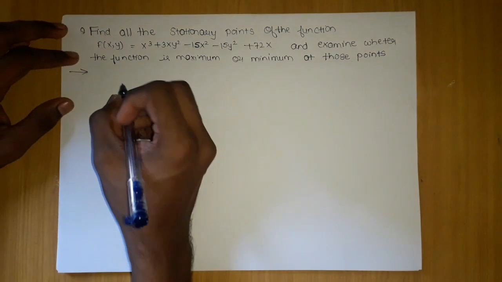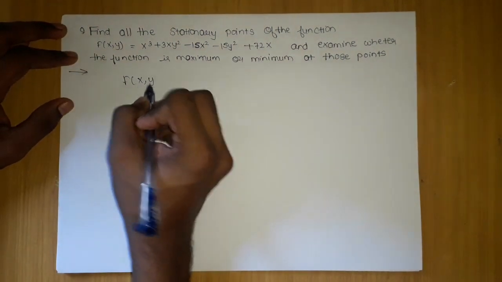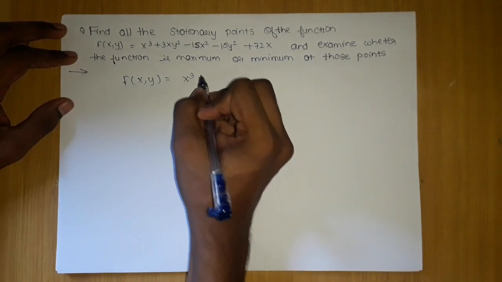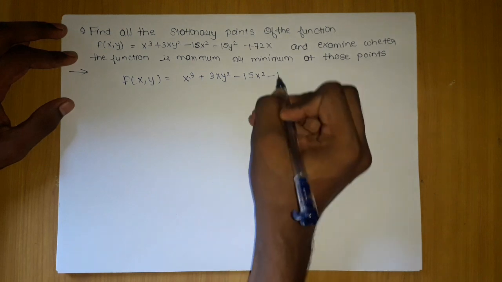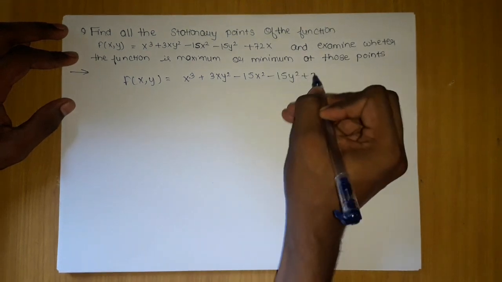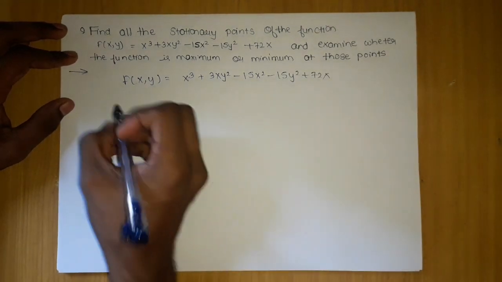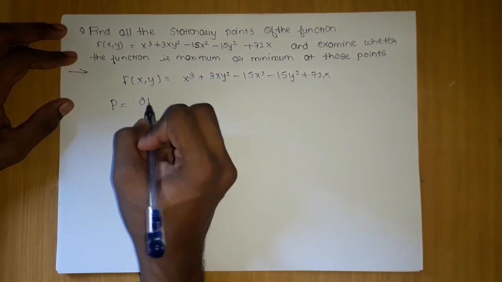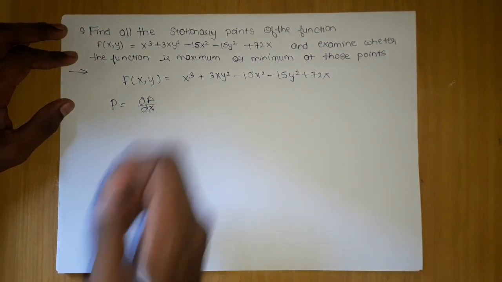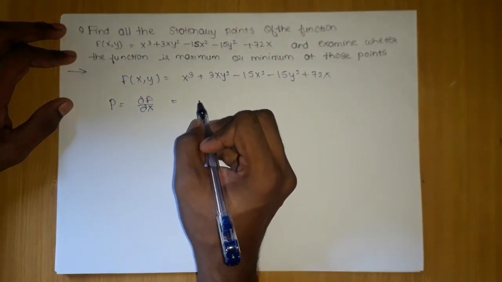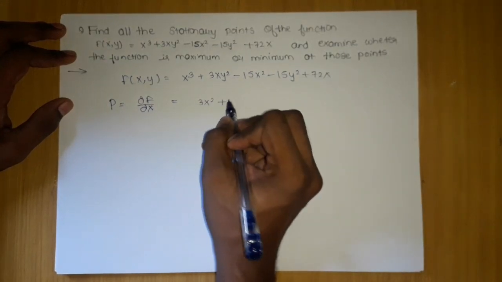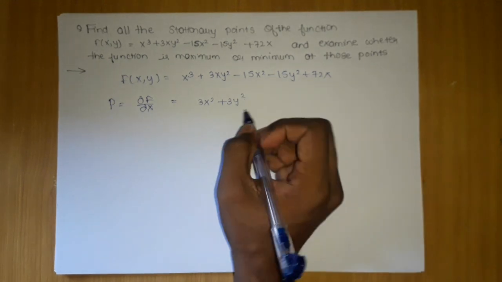First, what you have to do, you have to write this f of x comma y equals whatever they have given, x cube plus 3xy square minus 15x square minus 15y square plus 72x. After doing this, what was our P? P was dou f by dou x. We need to get the stationary point, that is our first thing. So if you differentiate this with respect to x, you are going to get 3x square plus 3y square, right?